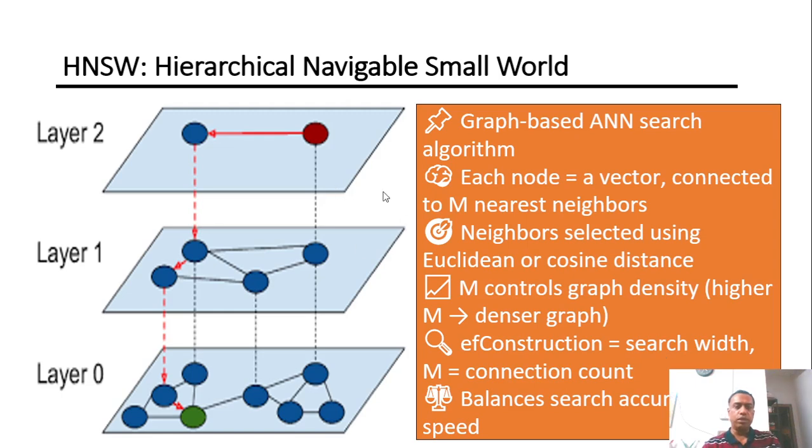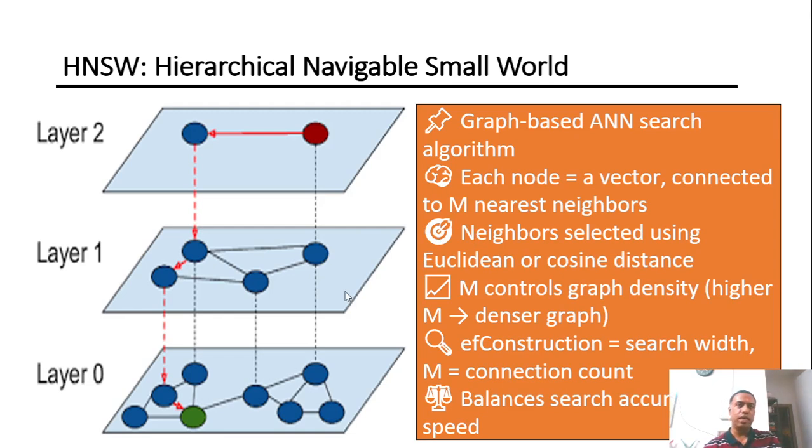Each node is a vector, and it's connected to M nearest neighbors. M tells us the number of outgoing connections per node. So M will tell you, for example, how many friends can I have, let's say 16 friends. These neighbors are based on Euclidean and cosine distance. There is also something called EF construct, which gives us the search width.